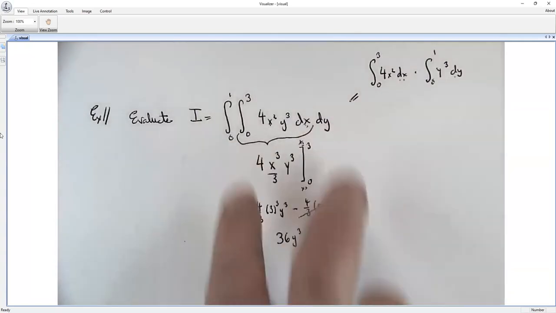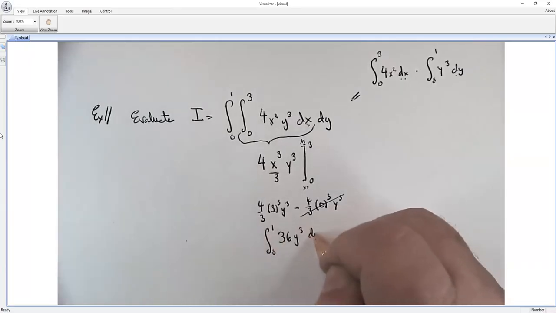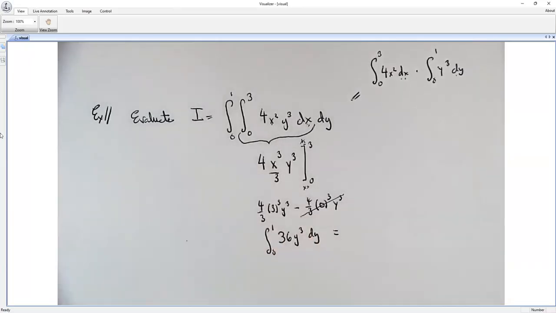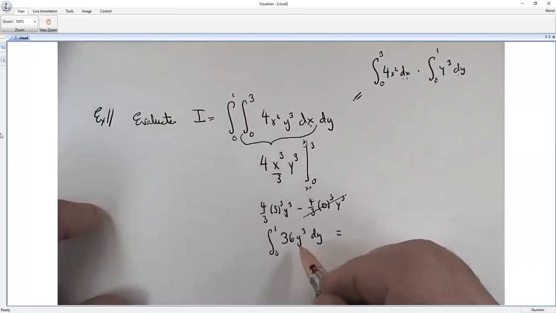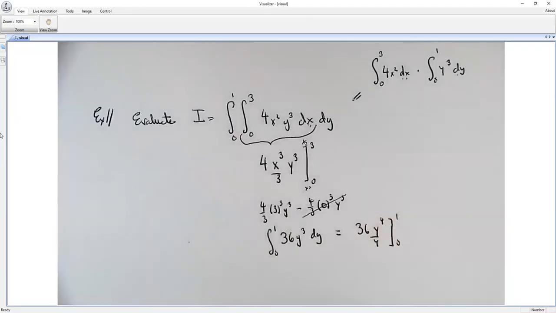And now I put my outer integral on there. The integral from 0 to 1 dy. I worked inside the parentheses first. Now integrate. What's the integral of 36 y cubed? Well, 36 is a constant. The integral of y cubed is add 1 over add 1, y to the 4th over 4, evaluated from 0 to 1.